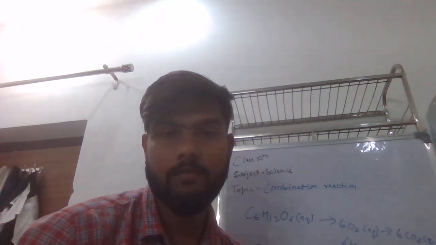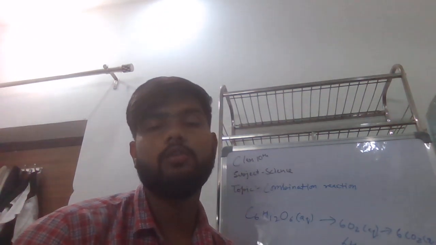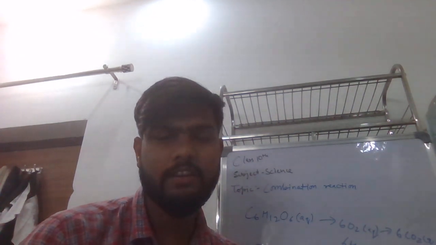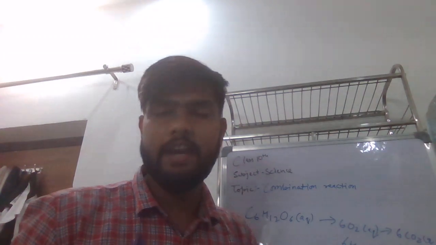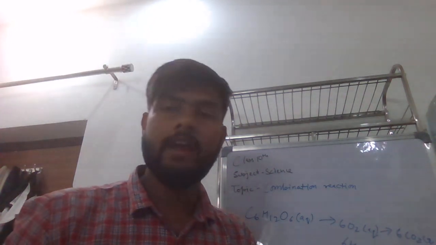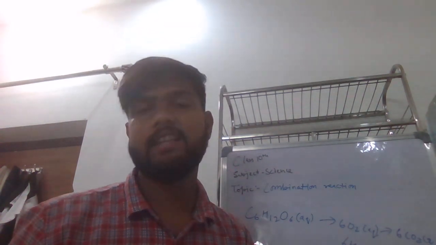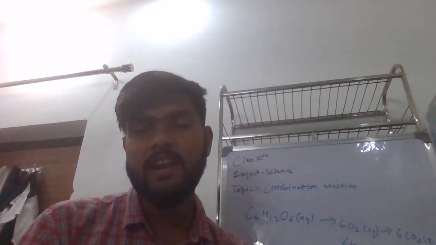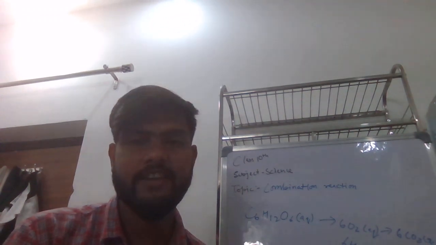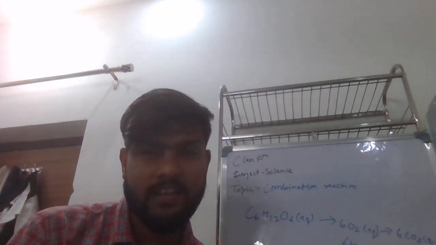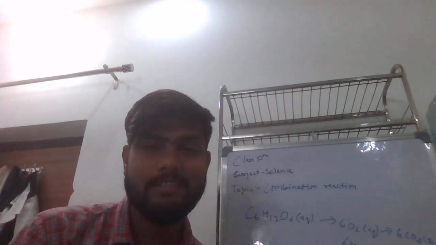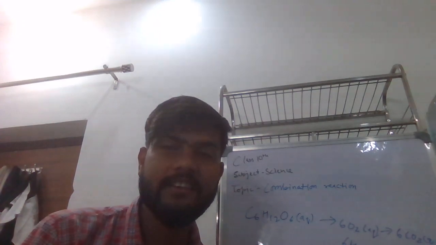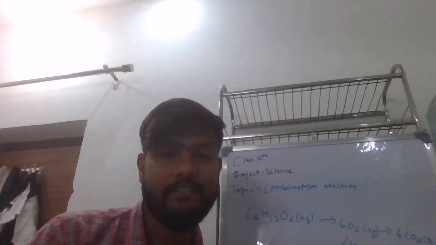Moving further, let's recall what we discussed in today's class. We have learned about combination reaction, so let's summarize. First, what is a combination reaction? When two or more substances, elements or compounds combine to form a single product, the reaction is called a combination reaction.